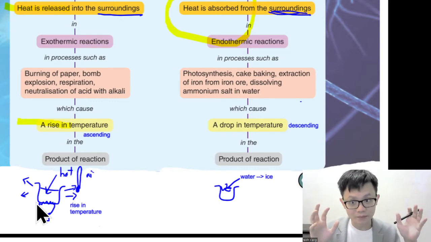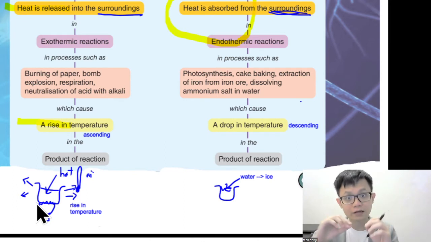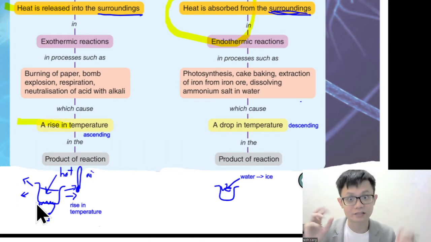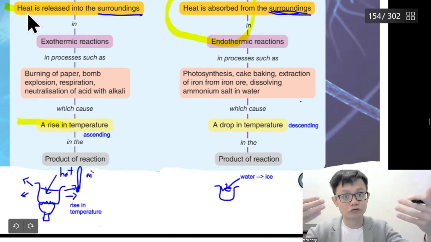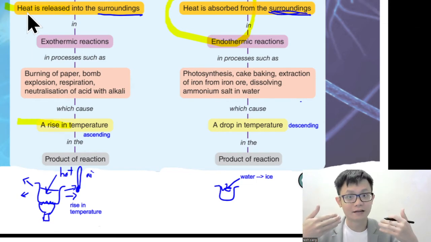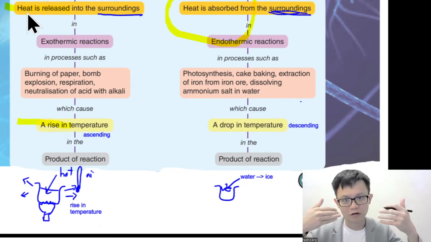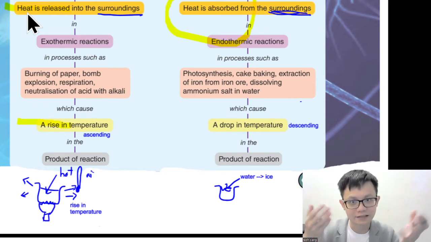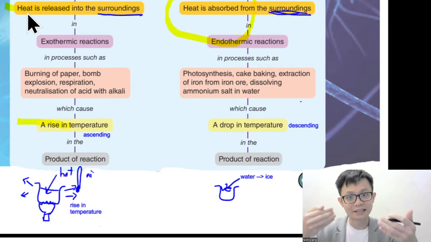The surrounding absorbs the heat from the water, or the water releases heat to the surrounding. That is why the definition says heat is released to the surrounding, not heat released to the fire. You get what I mean or not? There's a difference. I didn't say the surrounding releases heat to the water.